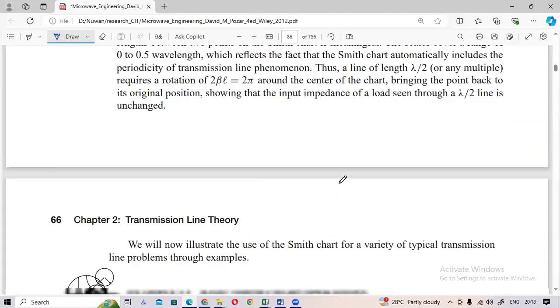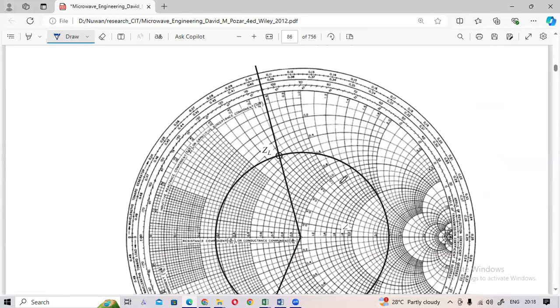And here the x-axis is actually the reflection coefficient's real axis and the y-axis is the imaginary part. Based on these values, this Smith chart is developed.